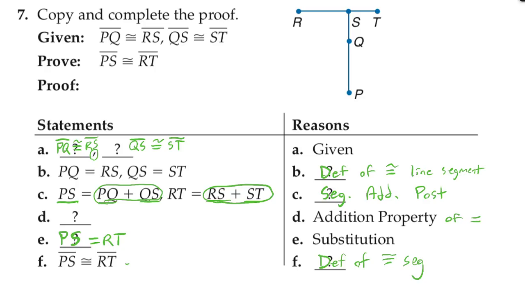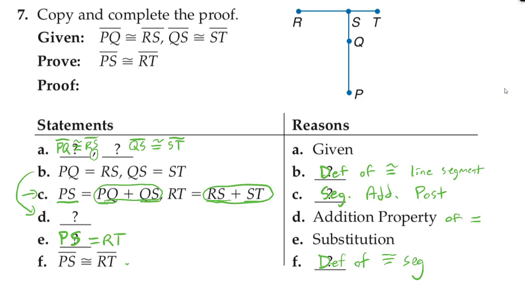I totally would have just used substitution here. What in the world did they add to that statement? Oh, I see what they did. Okay. So they didn't start from this. I think they started from this, and they said, what could we add? So we could add QS to both.